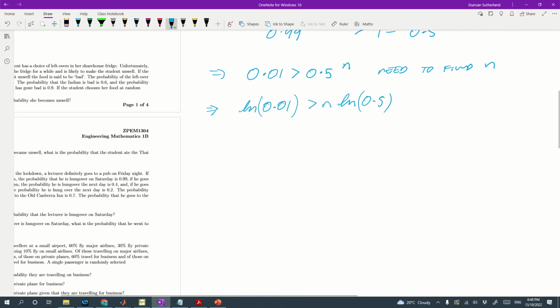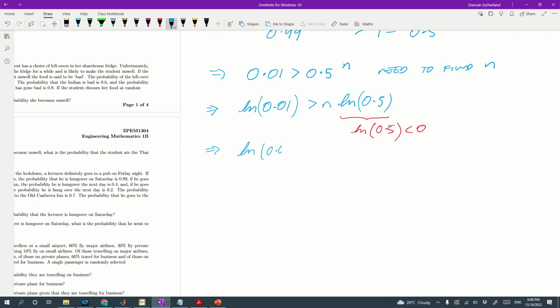When we rearrange this expression by dividing by log of a half, we've got to remember that log of a half is less than 0. So we're dividing by a negative number, which means we're switching our inequalities. We have to be quite careful with this.